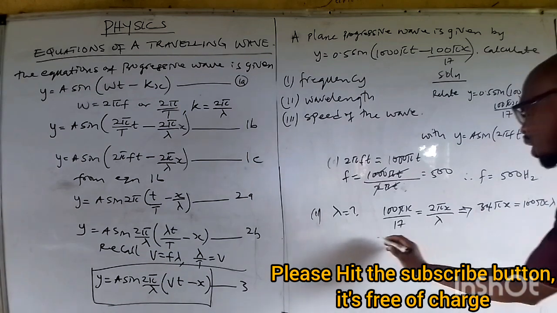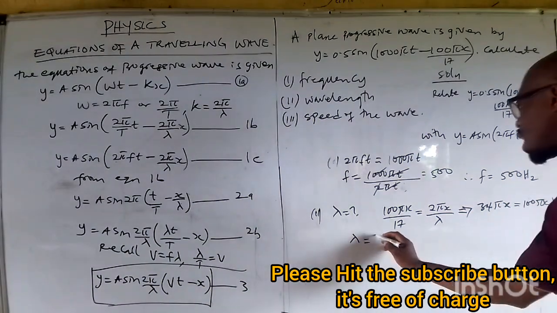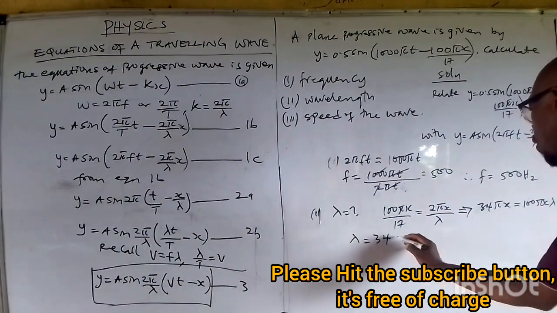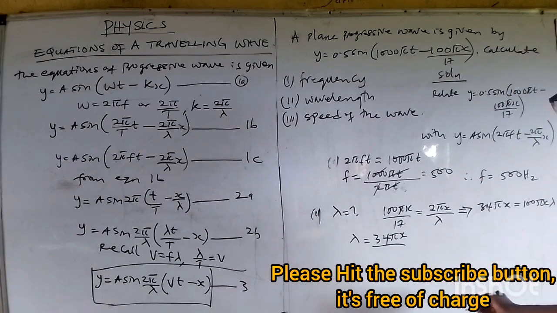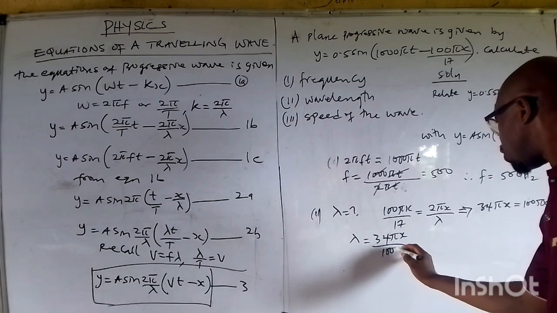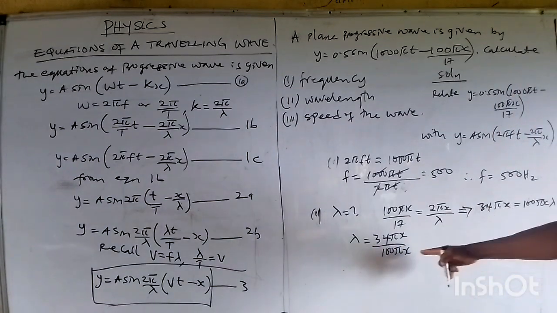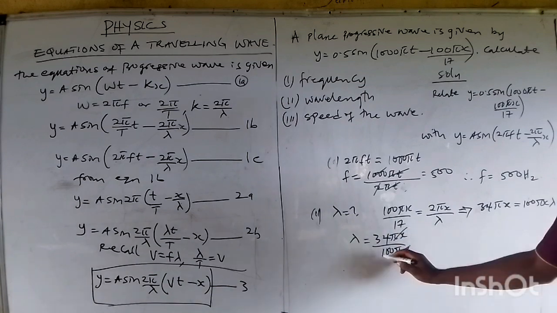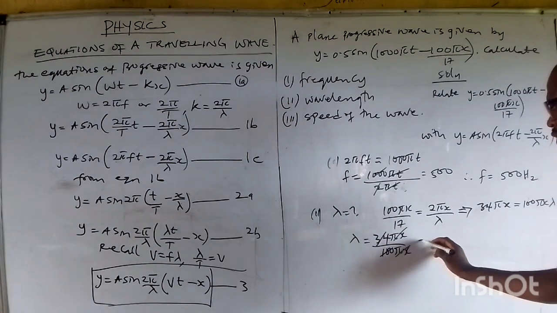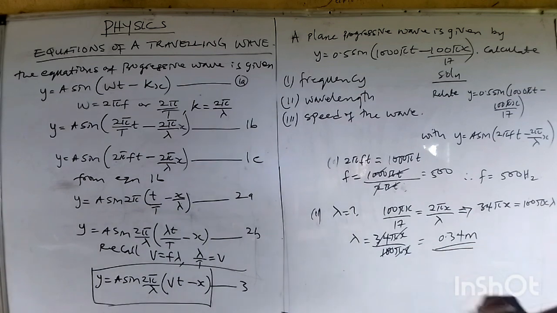Because we're looking for lambda, lambda is equal to 34 pi x all over 100 pi x. Now, pi x is common, so they cancel to give us 0.34 meters as our wavelength.